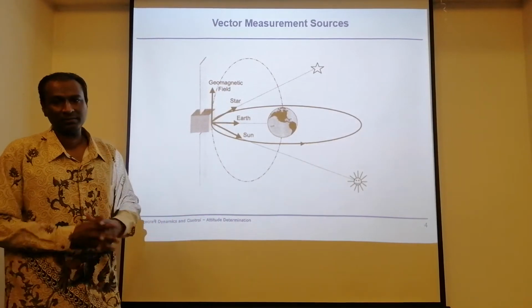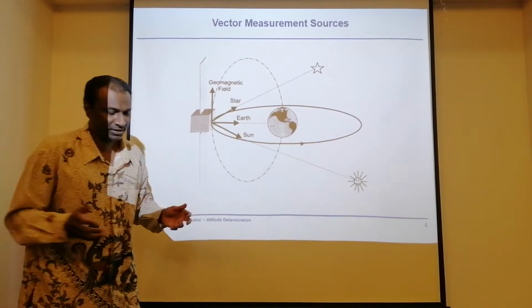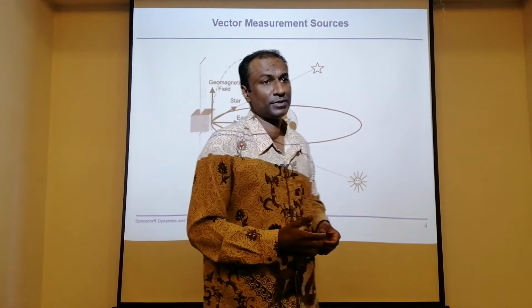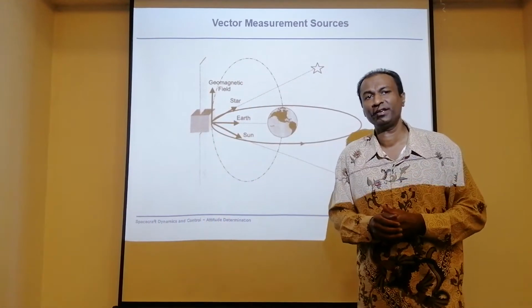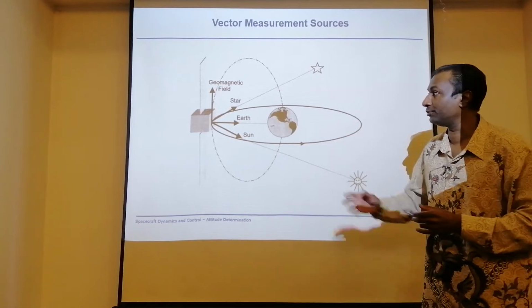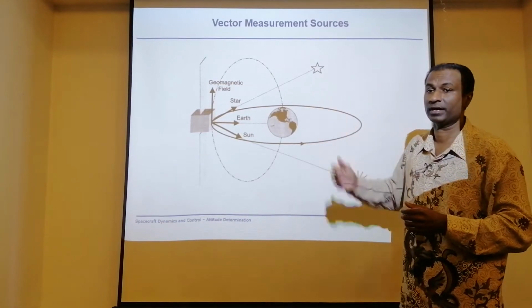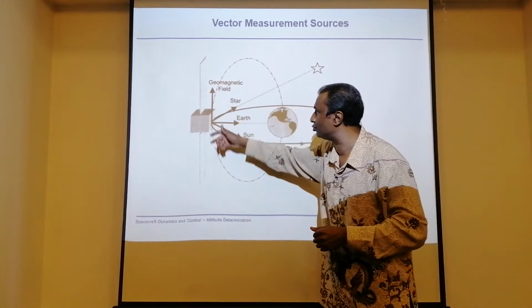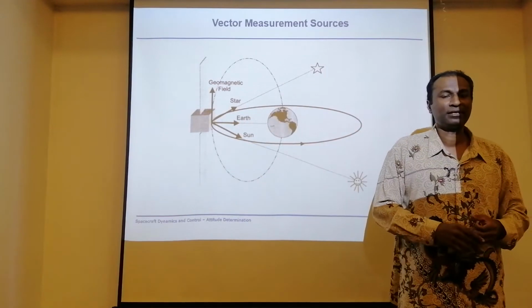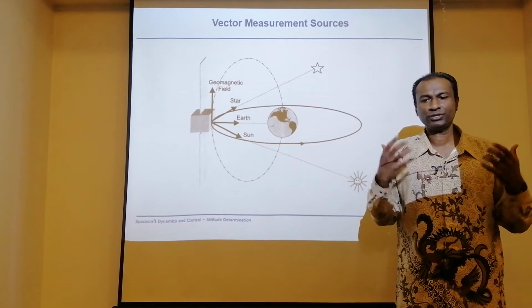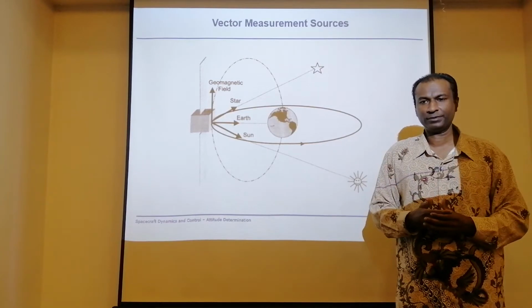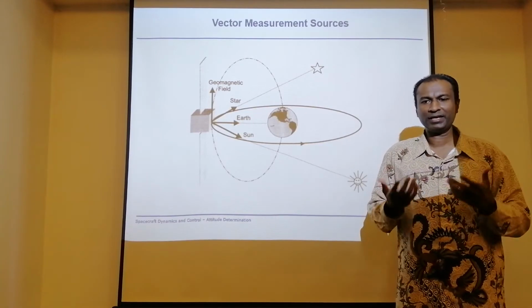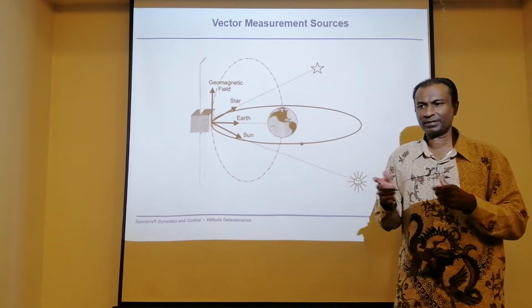We have stars. Like seafarers, who use the formation of stars to navigate when they are sailing, we can use that as well when we are flying. Then, don't forget, we have the geomagnetic field. The geomagnetic field disturbs us and creates an external torque which disturbs the satellite.